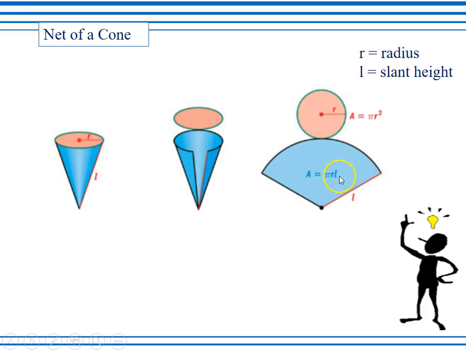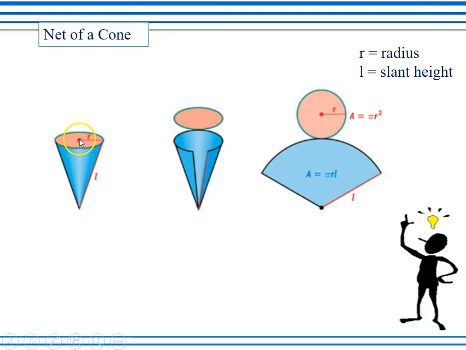And the area of the sector is pi times r times L, where L is from the vertex all the way to the circumference, or the slant height of the cone. In other words, this all the way up is your slant height, or from here all the way up is your slant height.